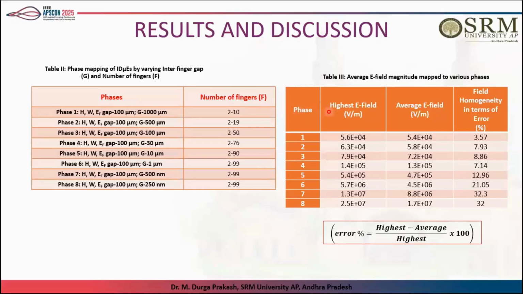Accordingly, we show what electric field we achieved for each phase, the average electric field, and the field homogeneity, which are terms for calculating the errors of the electric field magnitudes mapped into different phases. Particularly we have done the work for 8 phases for different G value, W value, and height of the interdigitated microelectrodes.